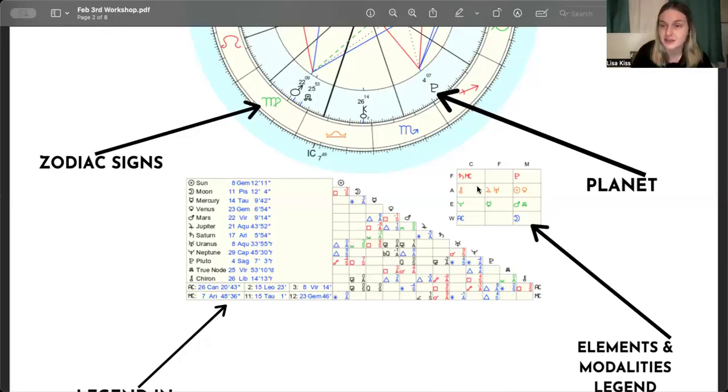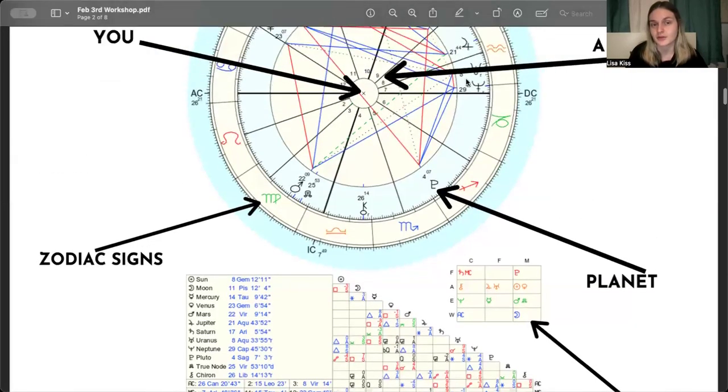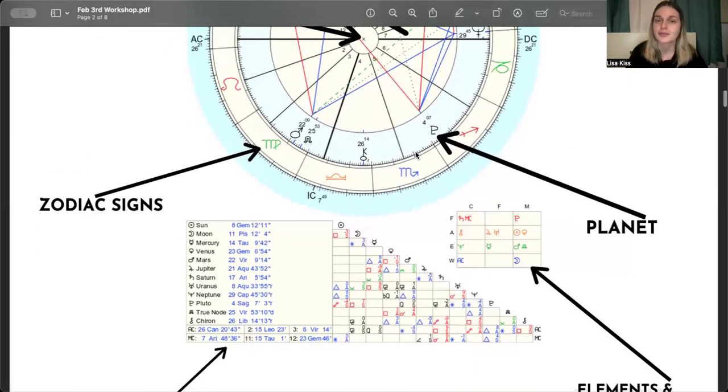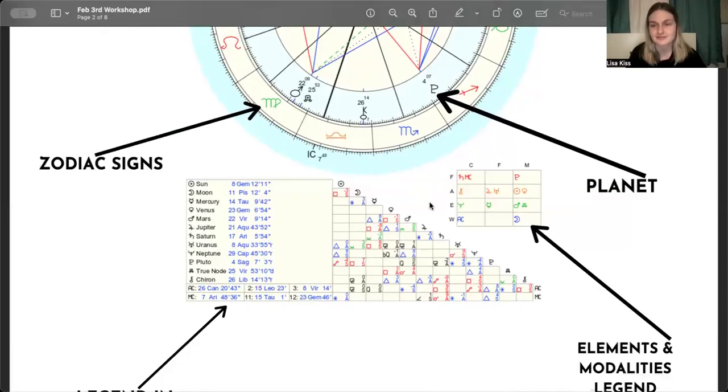But these little guys here in your elements legend, these will not change, like these particular planets, unless you go into the deep, deep advanced settings, which we're not looking at today because this is layer 1 of astrology. If you go deep in the settings, you can add more little things here. They're not planets. You can add asteroids and different things. It would fill this up more, but if we just look at our basics here, this is what we have.